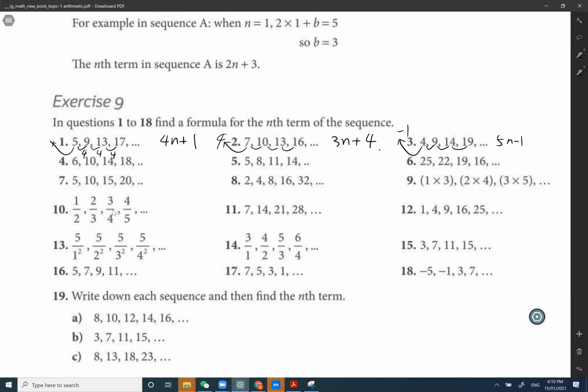Victoria, number 4. What's the difference? What's the previous number? Good. Selena, what's the difference? What's the previous number? 2. Easy. Okay, Ethan finished all here already? I'll check which one you are not sure.